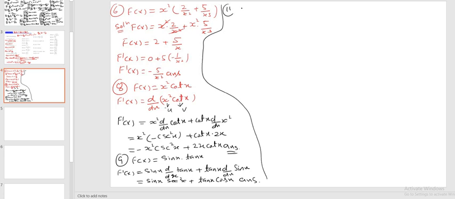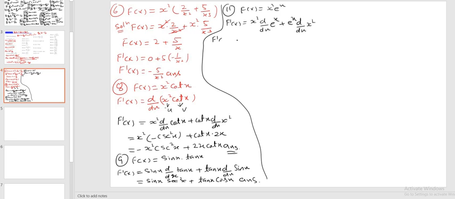Question number 11 is f x equal to x square into e power x. So what you have to do? Again, this is product rule. So f dash x is u into d dx of e power x plus v into d dx of x power 2.